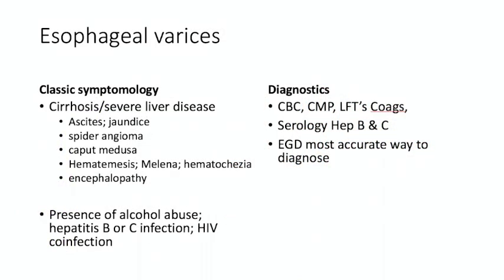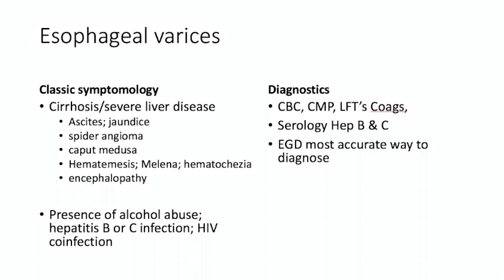All right, so the way that you would take a look at this is obviously if there is advanced liver disease or cirrhosis, and then you're really looking at what are those liver signs. So ascites, jaundice, spider angiomas, caput medusae, hematemesis, hematochezia, and encephalopathy.